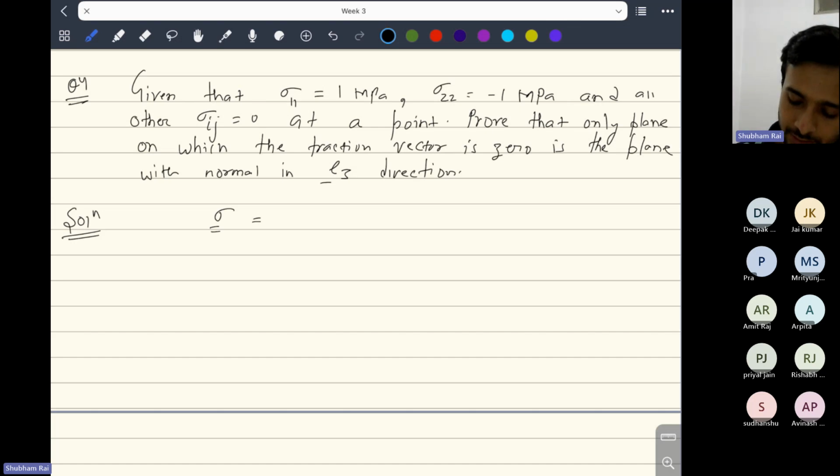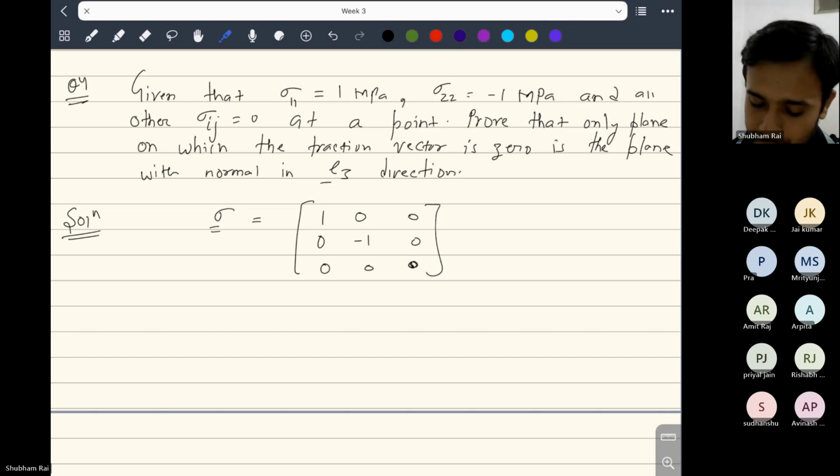So the stress tensor will be given by 1 0 0, 0 minus 1 0, and 0 0 0, right? Because sigma 11 and sigma 22 have some values, other components are 0.